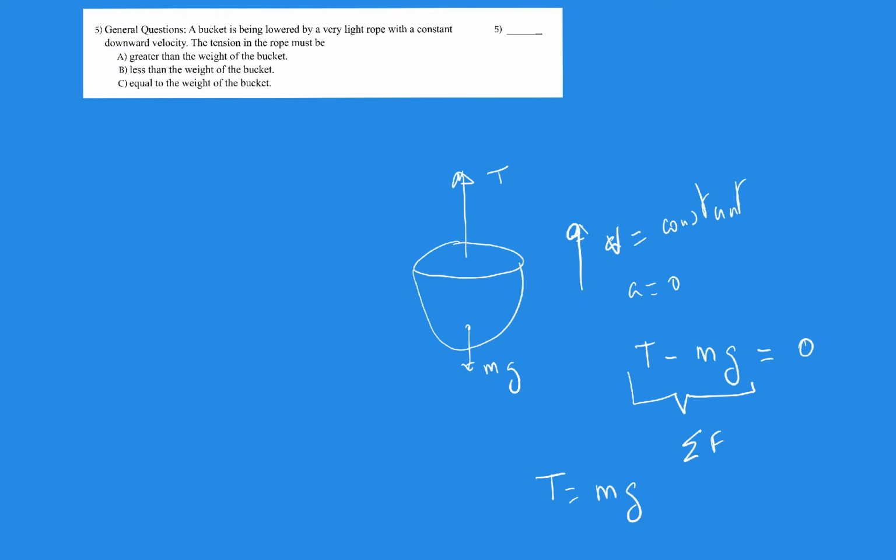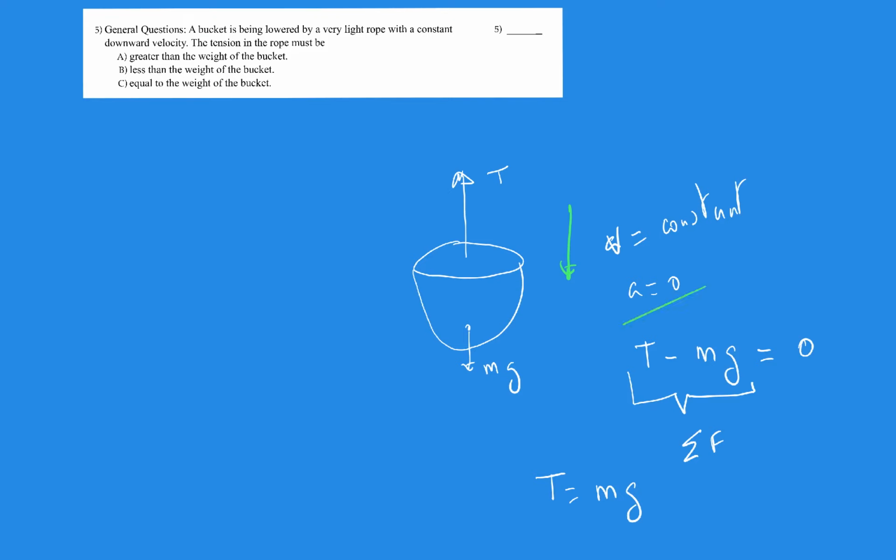Let's go to the next question. It says, a bucket is being lowered with a very, very light rope with a constant downward velocity. So the velocity of the bucket is downward and is constant. This is exactly what I have said before. If the velocity is constant, the acceleration is zero.